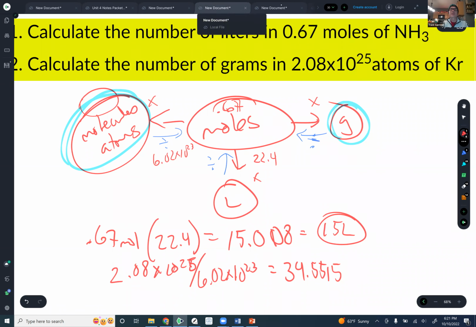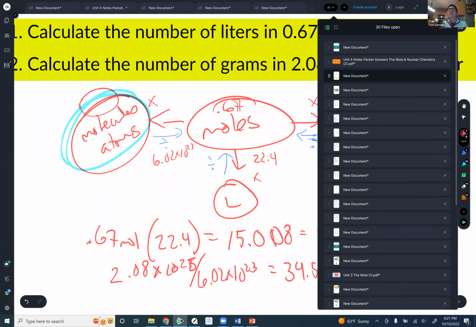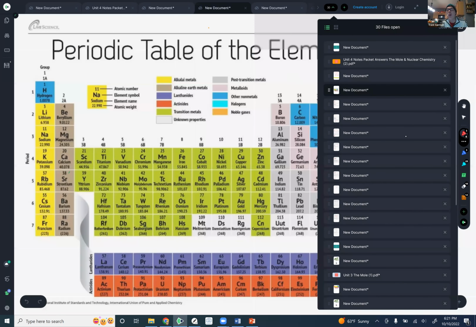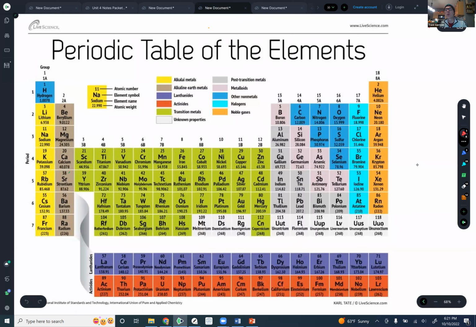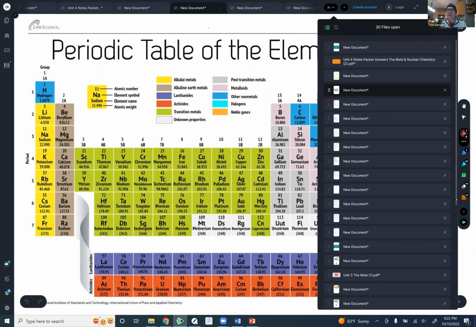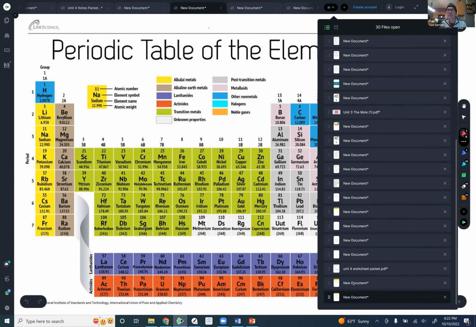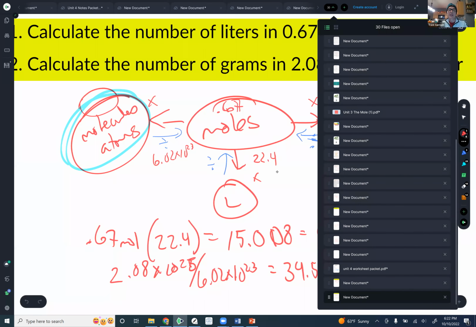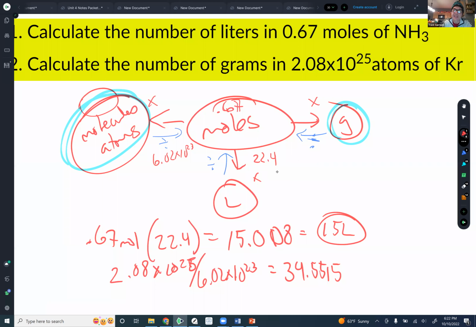I honestly don't have a clue what the weight of krypton is, so we're going to look it up. Krypton weighs 83.798.